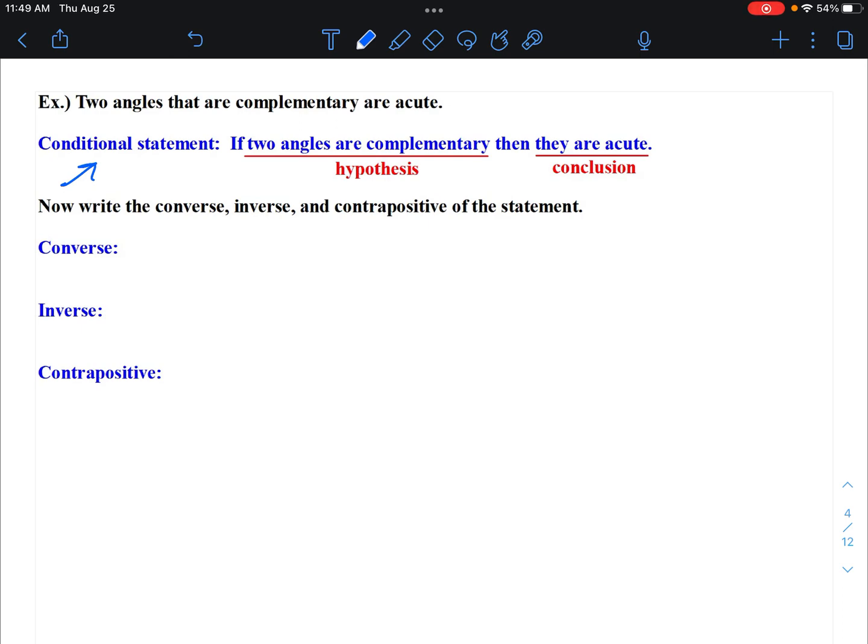So now when we go down to the bottom and we want to do the converse, we're just going to reverse it. So it's going to say, if two angles are acute, notice that portion, two angles are acute, is the conclusion, then the hypothesis, which would be then the angles are complementary.